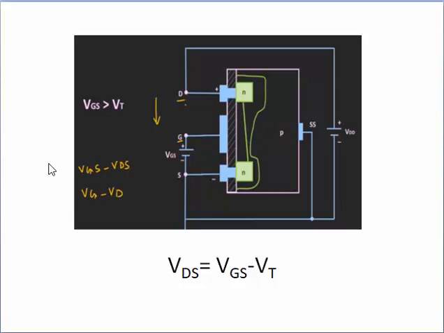But actually, the current still flows through the channel, and this ID current will get saturated because the electrons passing through this channel can still cross this depletion layer due to the electric force. So once the pinch off condition occurs, the drain current will get saturated. Even if we increase the value of VDS, the current will almost remain constant. That is the condition of the saturation region.